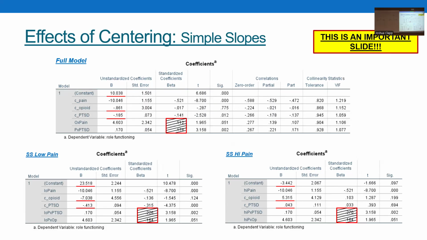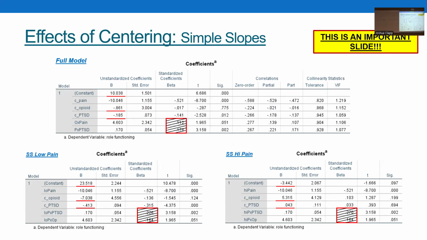Your conditional effect of opiate use is changing, because opiate use is involved in this interaction of pain and PTSD. So high and low pain is changing that conditional effect of opiate use. And you're seeing a change in your conditional effect of PTSD across all these because we're changing where pain is and PTSD is included in the interaction.